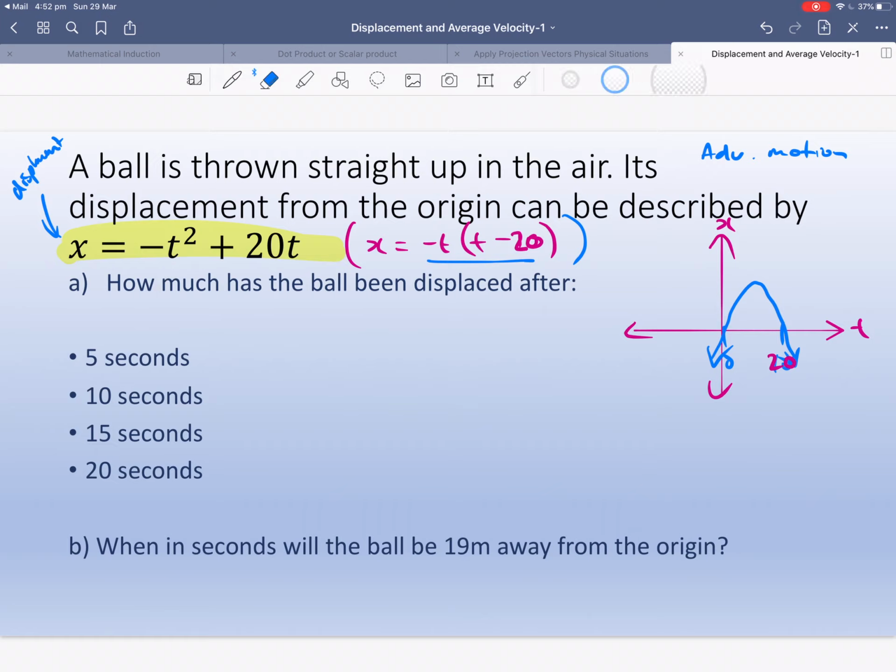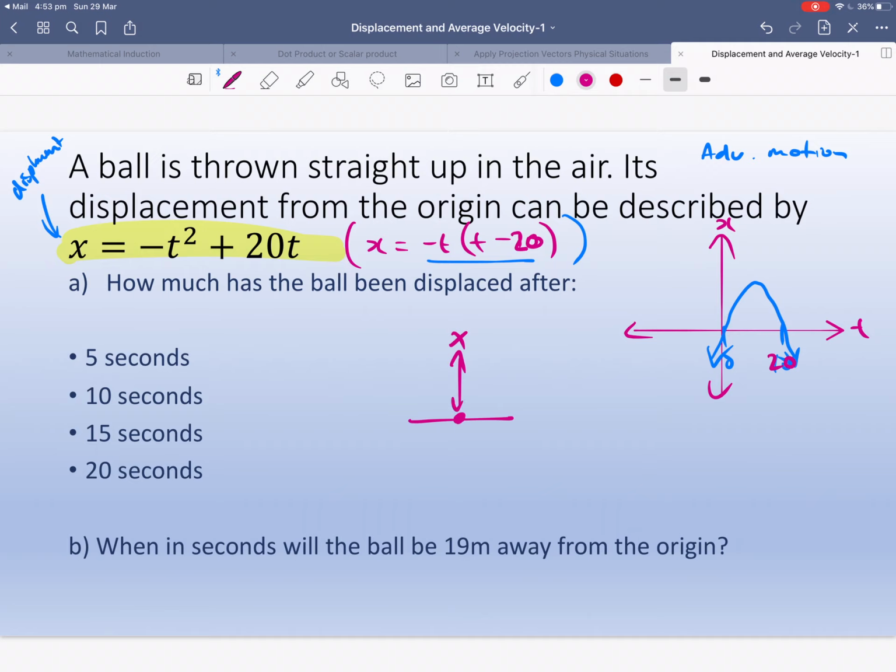So we've got this function of displacement. How much has the ball been displaced after a given time? Displacement is very closely aligned with distance, but it's actually not distance. We've got an origin, and displacement is how far we are from the origin.